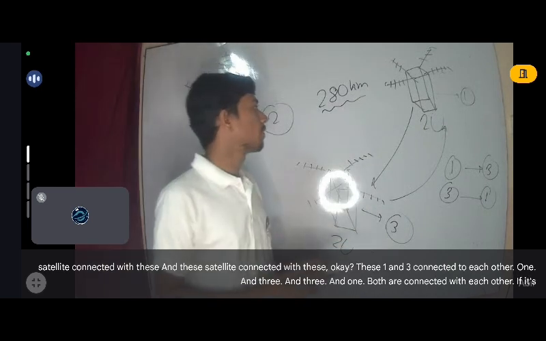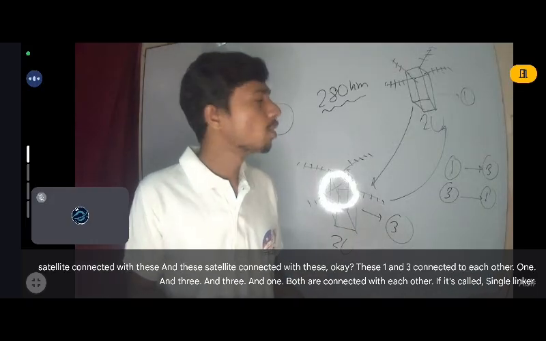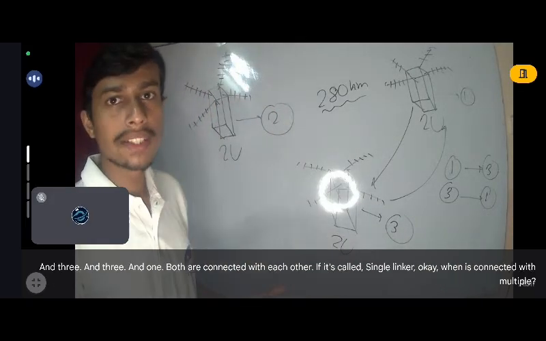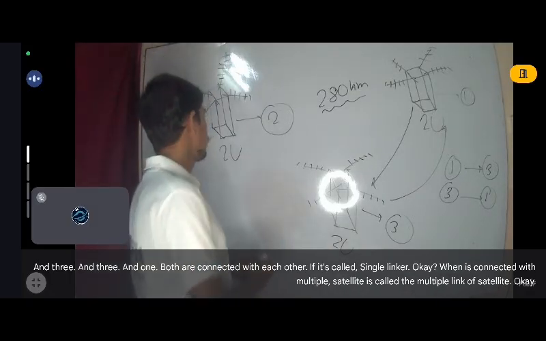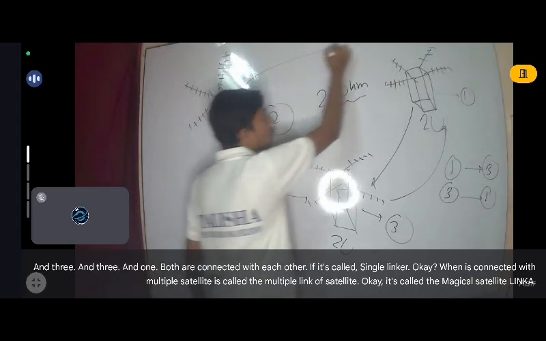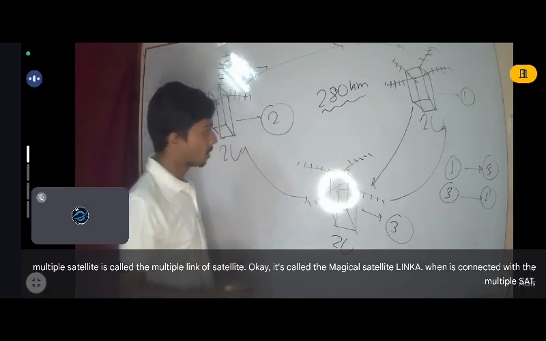That is called a single link up. When it is connected with multiple satellites, it's called the multiple satellite link up.